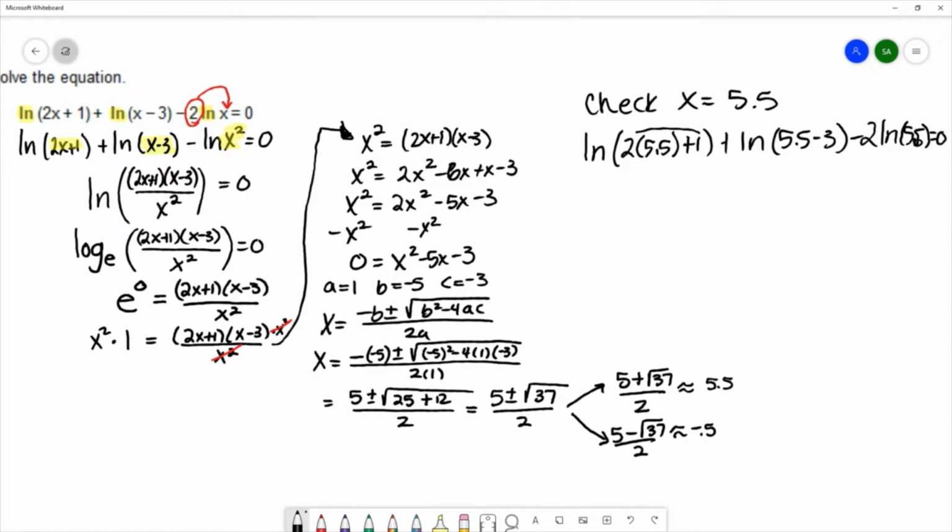So these are all positives. So that expression will be positive. 5.5 minus 3 will be positive, and 5.5 is positive. So we're going to be able to keep that solution.